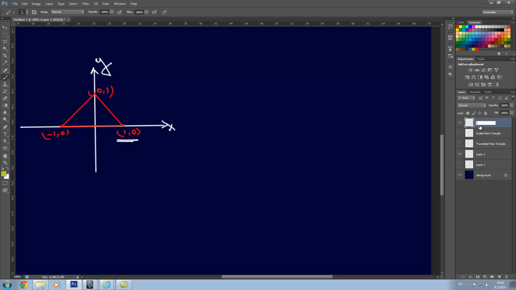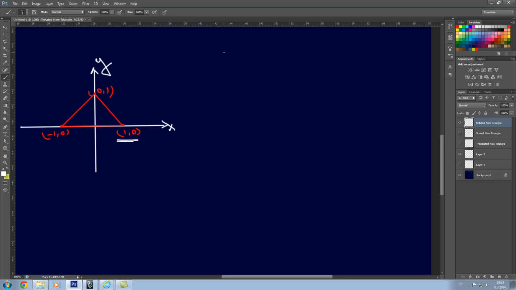So I'm going to put here rotated new triangle. When it comes to rotation, it is a little bit interesting, especially because you're going to have to utilize trigonometry.